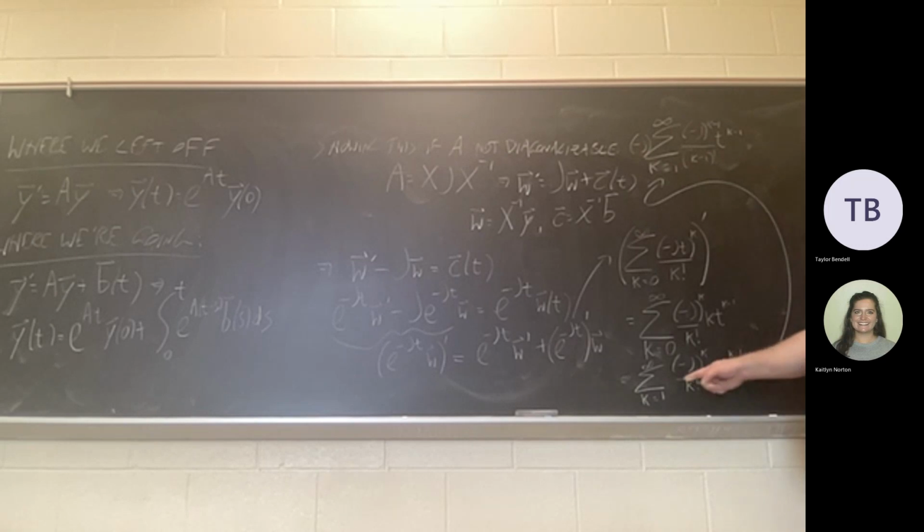And since I'm starting at k equals 1, I always do have at least one factor I can pull out. So now notice I have k minus 1 everywhere.